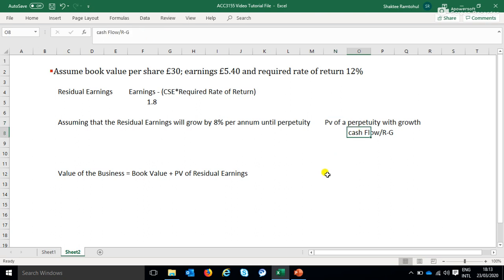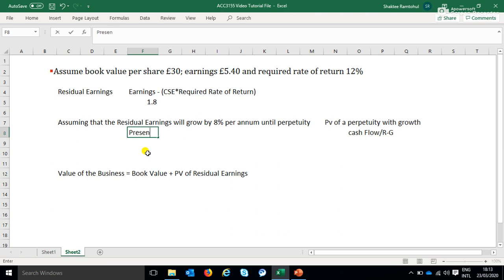It's your cash flow. So in our case, our cash flow or our earnings will be 1.8 divided by R minus G, R being the required rate of return and G 8%. So what is the present value of our residual earnings?